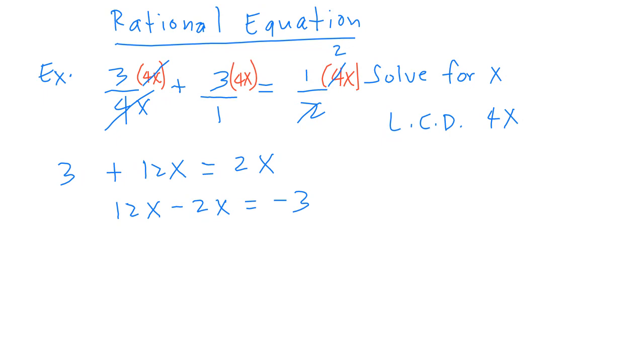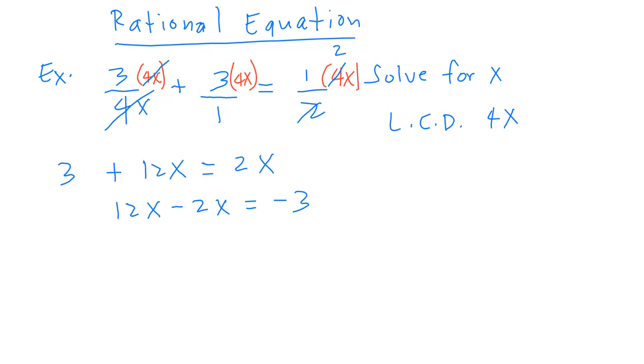Again, you can always do elimination by adding or subtracting a number to the left or the right side. For example, to eliminate 3, I have to subtract 3 on the left and subtract 3 on the right also, or a negative 3. You can do that and it will give you the same result.